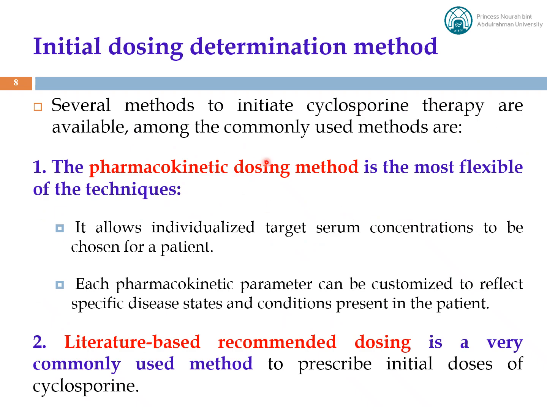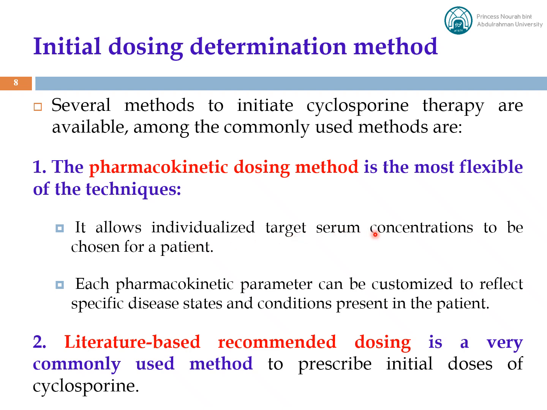Several methods to initiate cyclosporin therapy are available. Among the most commonly used methods are the pharmacokinetic dosing method and the literature-based recommended method. The pharmacokinetic dosing method is the most flexible of the techniques. It allows individualized target serum concentration.